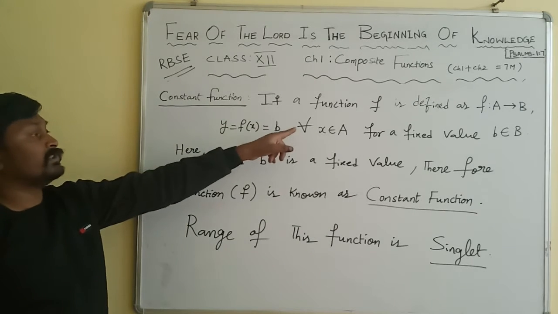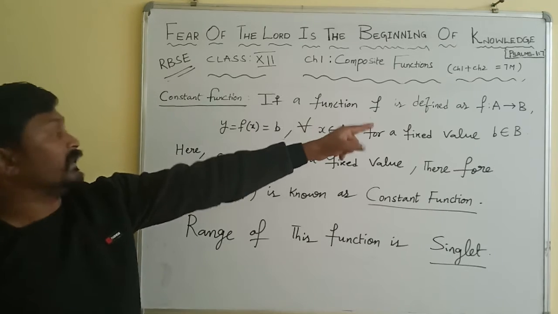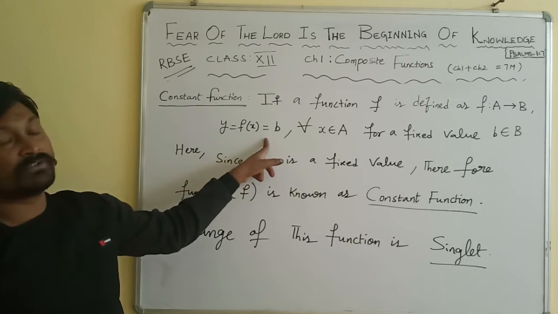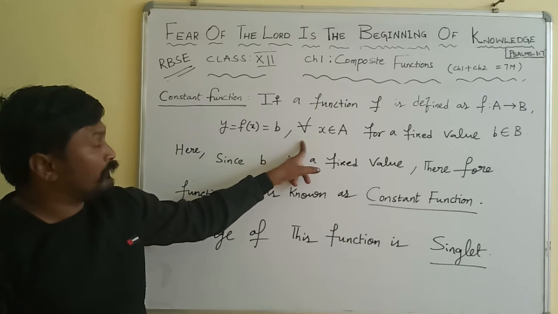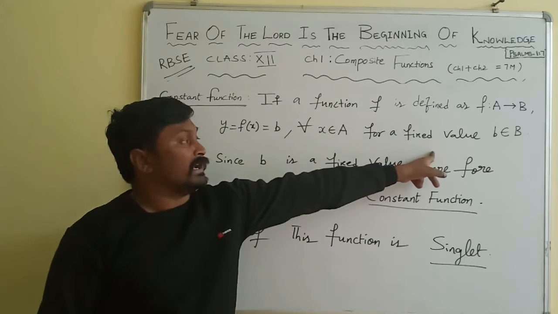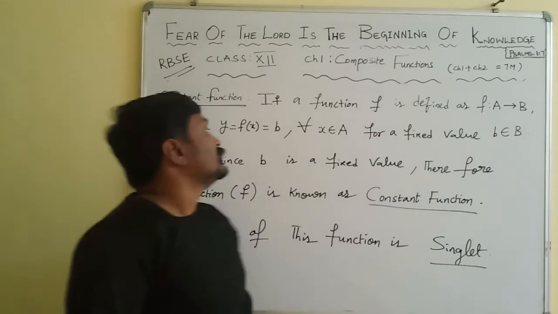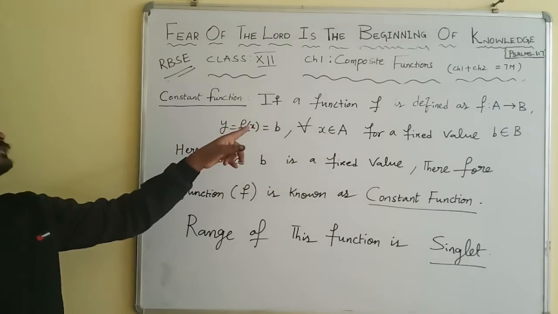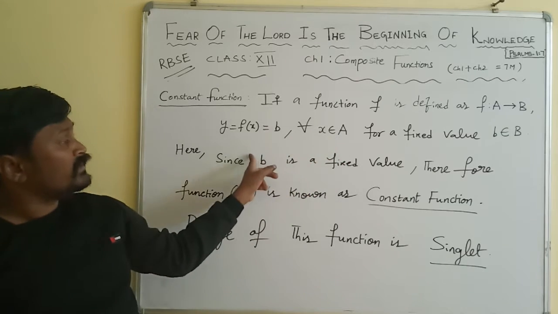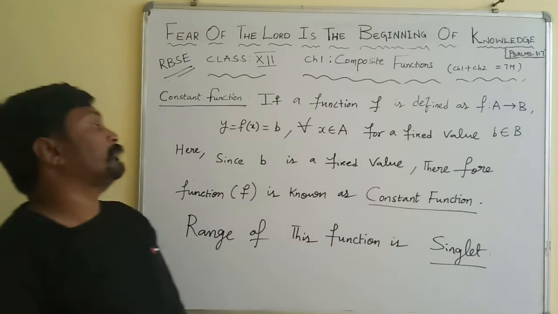If a function f is defined, f maps A to B, y is equal to f of x, that is equal to b, for every x belongs to A, for a fixed value b belongs to capital B. So all the elements of A need to have a fixed value in B, meaning the f image.